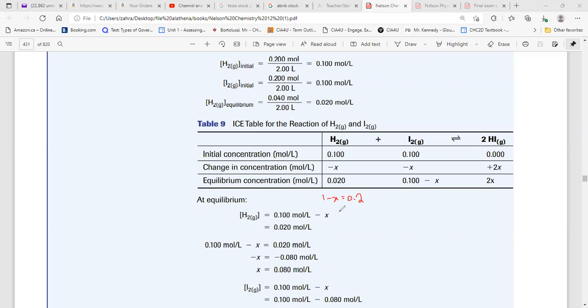So we solve for x, and x is going to be 0.08. You put x here as 0.08. 0.1 minus 0.08 is 0.02, the equilibrium concentration of I2, and here is 2 multiplied by 0.02, which is 0.04, the concentration of the HI, all in mole per liter.